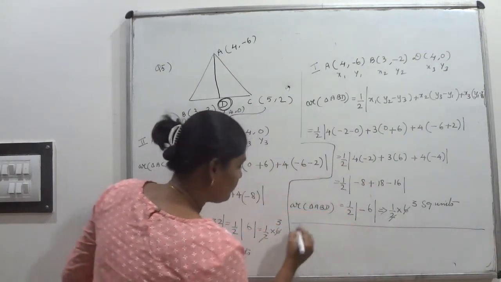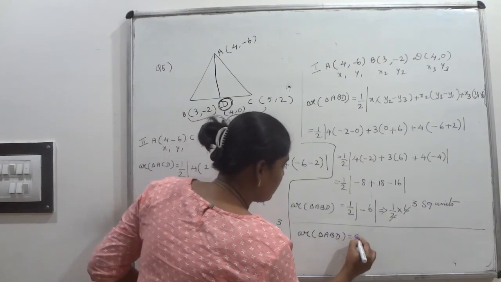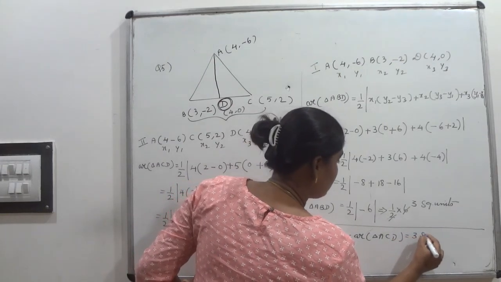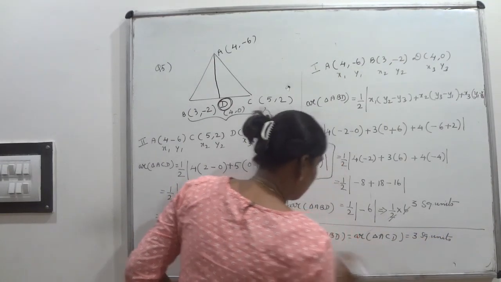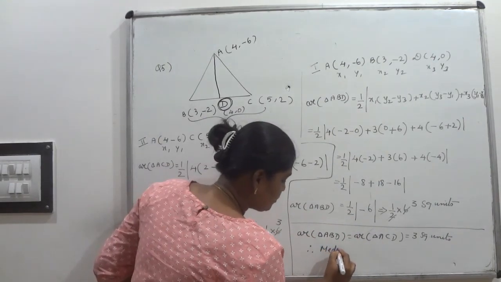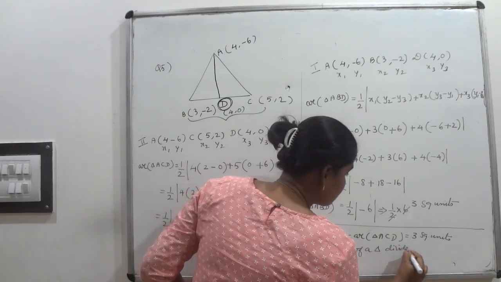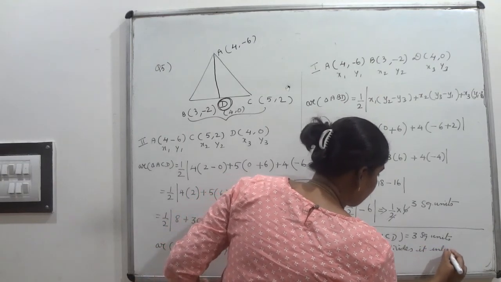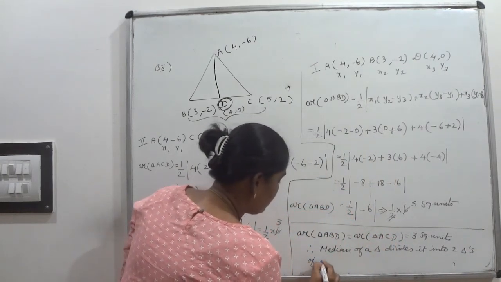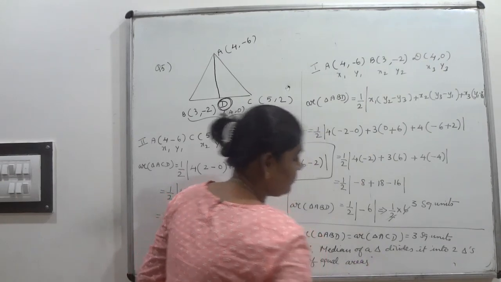Area of triangle ABD is equal to area of triangle ACD, equal to 3 square units. Therefore, write the statement: median of a triangle divides it into two triangles of equal areas. Thank you.